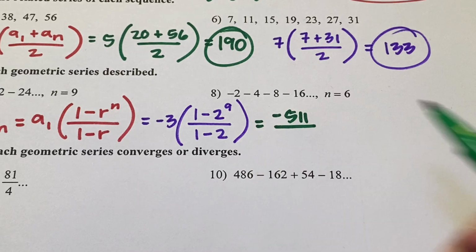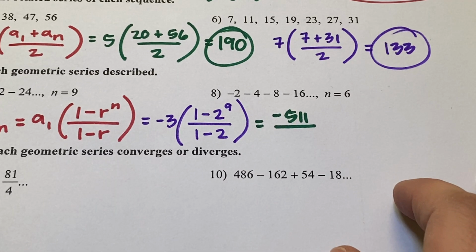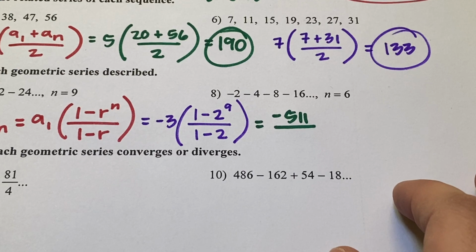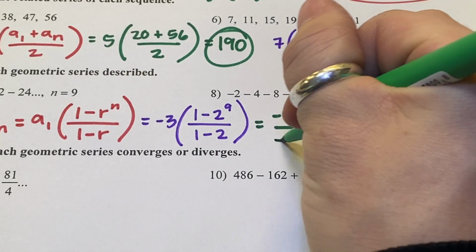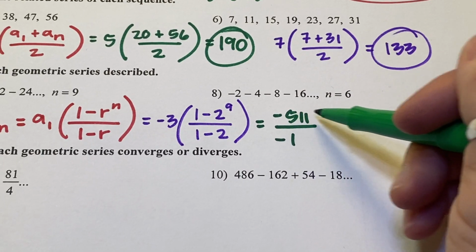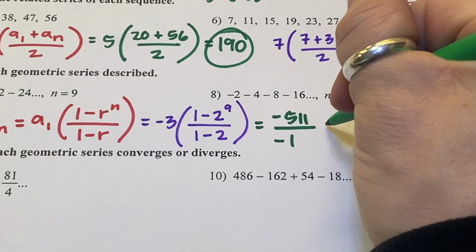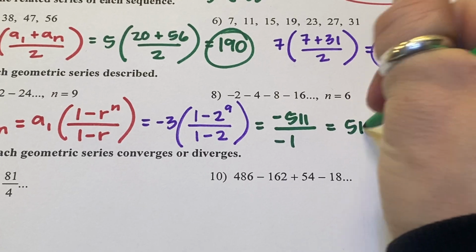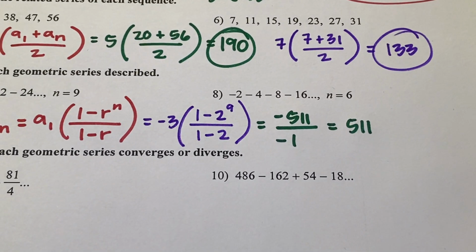What's 1 minus 2, my denominator? Negative 1. Negative 511 divided by negative 1 just turns into positive 511.